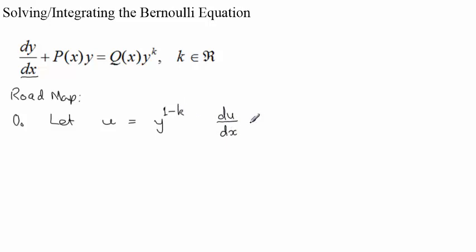Using the power rule here, we're going to say du dx is equal to 1 minus k multiplied by y to the power 1 minus k minus 1, which will simply be minus k, multiplied by dy dx as the argument of the power function here.